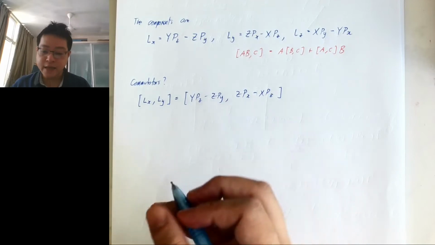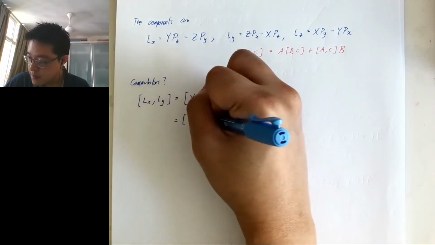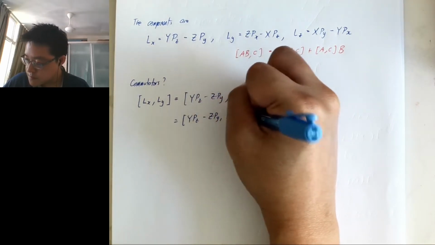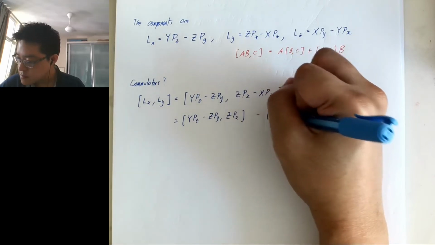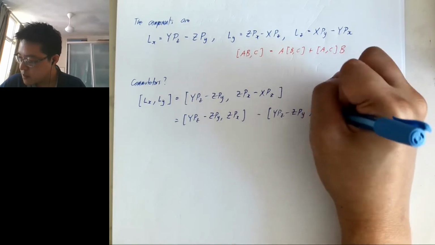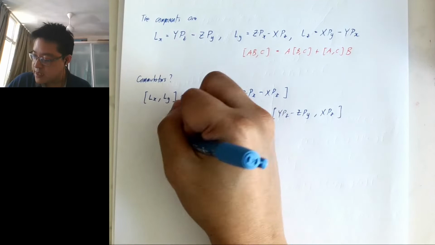The commutator is a linear operation, so what we have here is ypz minus zpy commuting with the first term, and then the second term gets a minus. Let me know if I made any mistake. Commutator with xpz. These two terms also have a minus, so I can split this up as well.